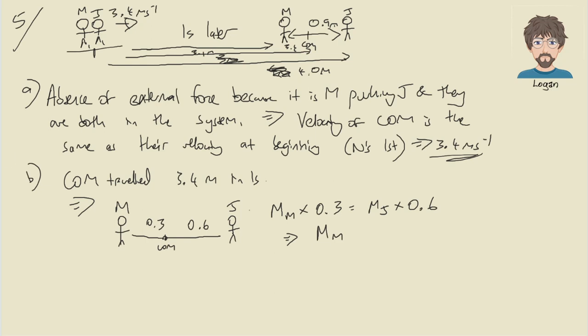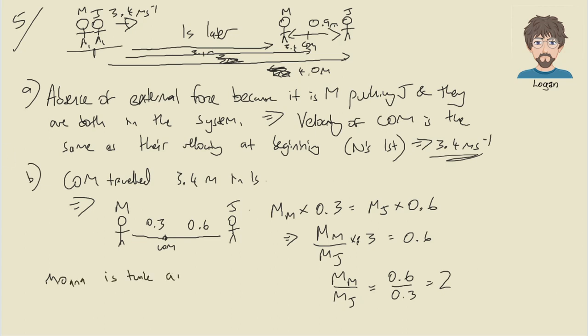We're going to divide both sides by mj in the first instance, and then we're going to divide both sides by 0.3, and we get that the mass of Moana is twice the mass of Joe. Moana is twice as heavy as Joe.